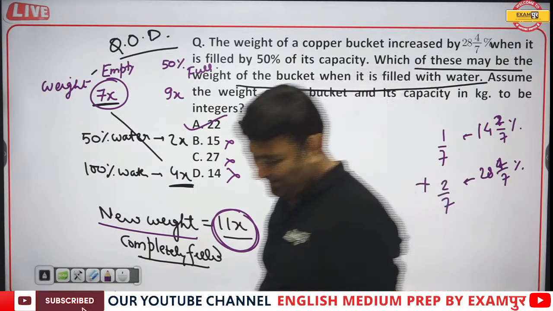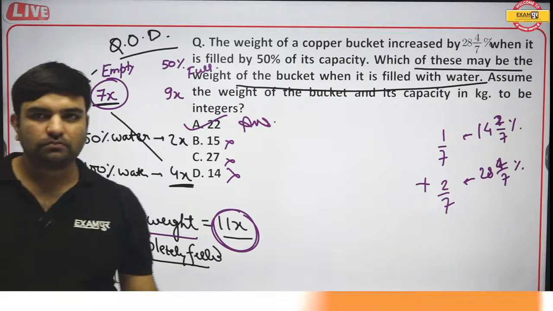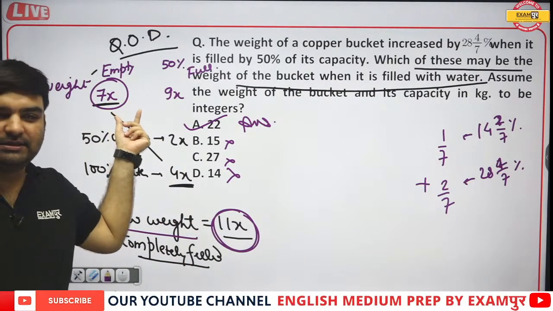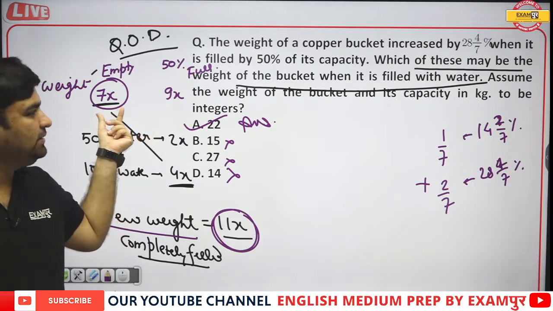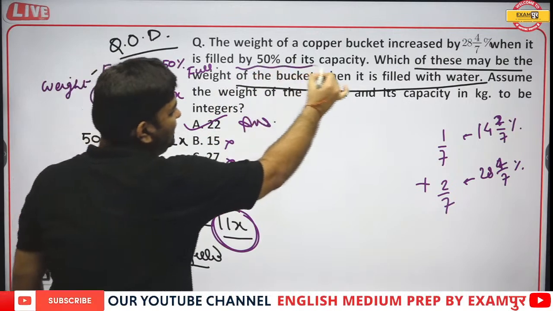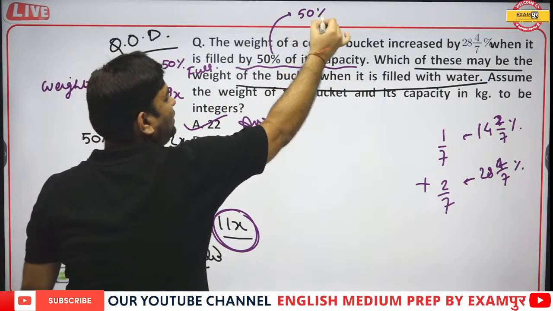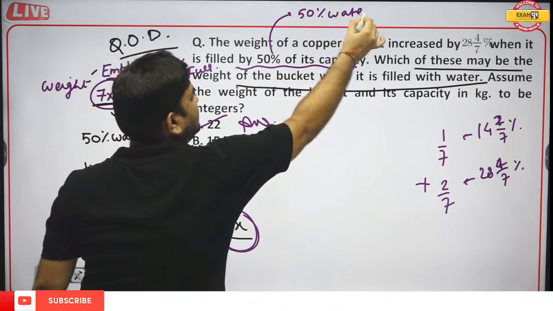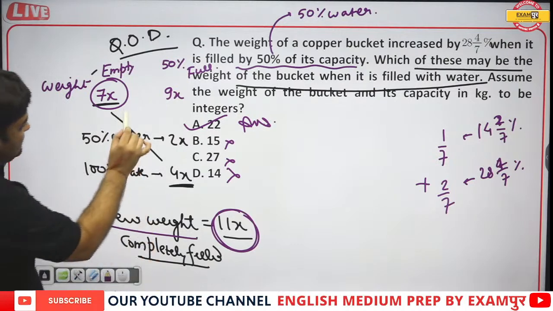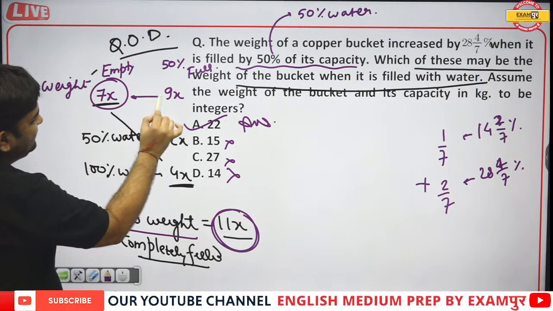What happened, Ram? The empty bucket's weight is 7x. When you fill it with 50% of its capacity, 50% water, its weight increases by 2, so from 7x to 9x.